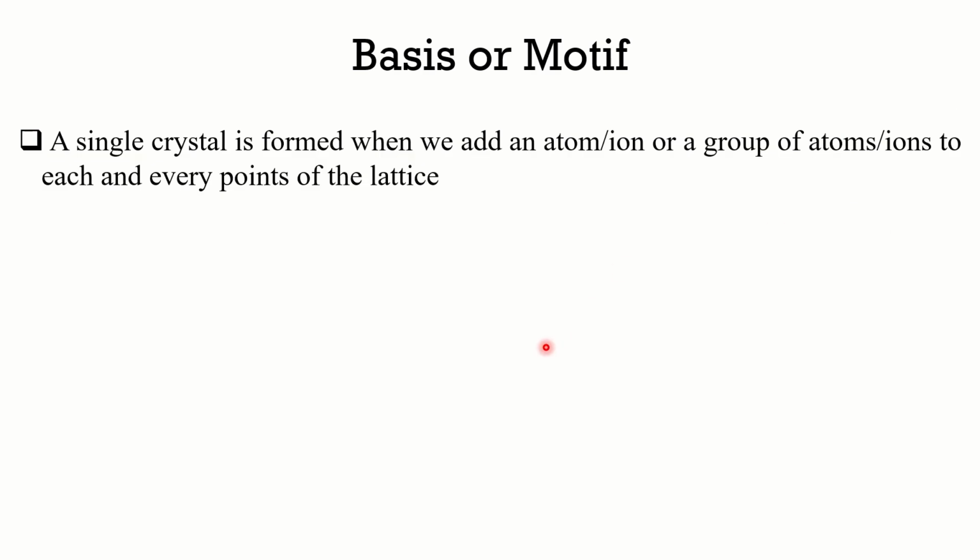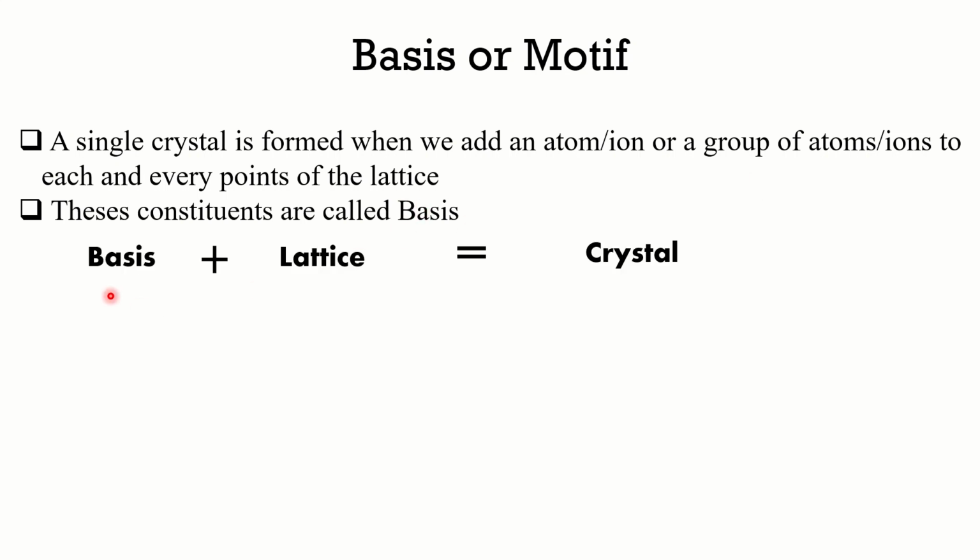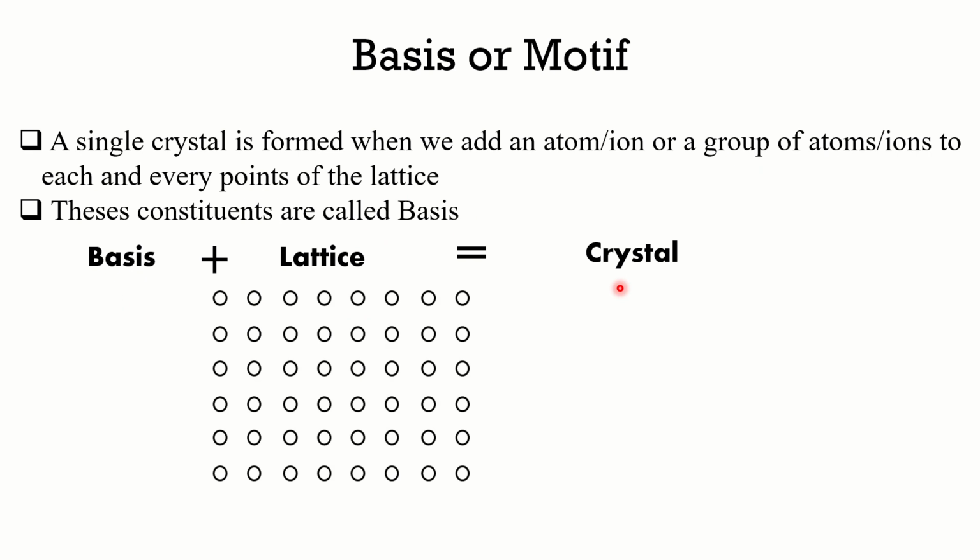So what is the basis? A single crystal is formed when we add an atom or ion or a group of atoms or ions to each and every point of the lattice. These constituents are called bases. So this atom, ion, or group of atoms is called the basis. So basis plus lattice is equal to a single crystal.